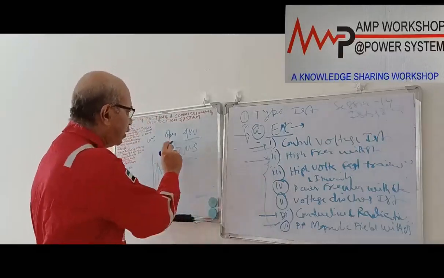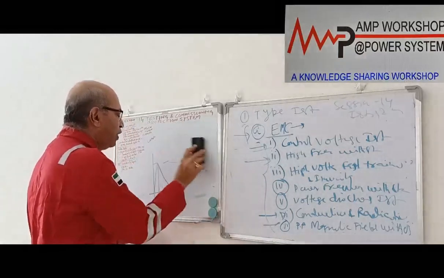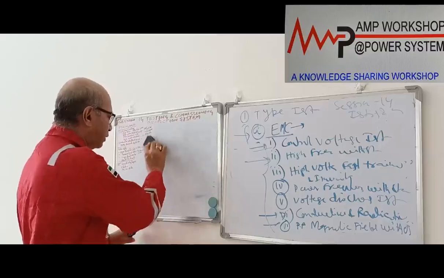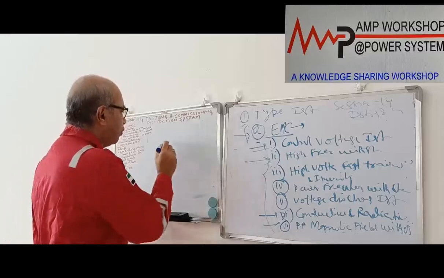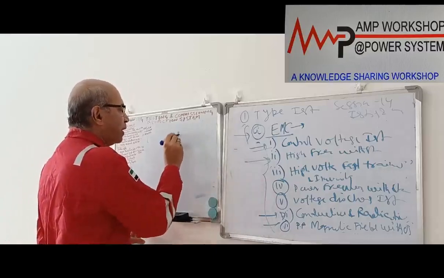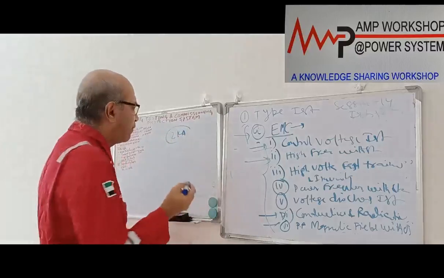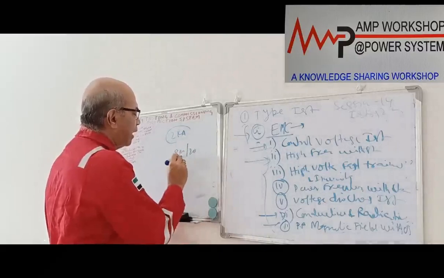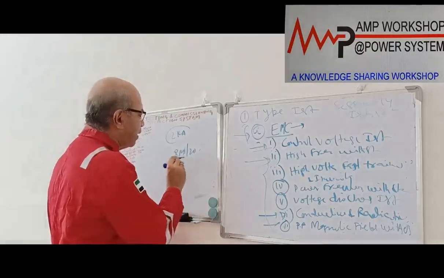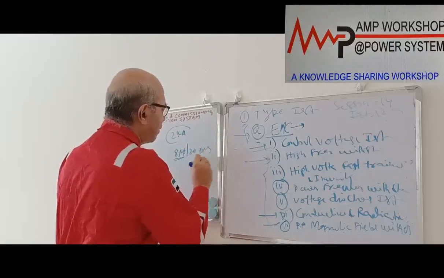It is under open condition of all the contacts. And in the short circuit condition, what do we do? We inject a current waveform. It is a 2 kiloampere current with a pulse waveform that is actually 8 by 20 microseconds. 8 microseconds is the rising time and 20 microseconds is the drop down time.